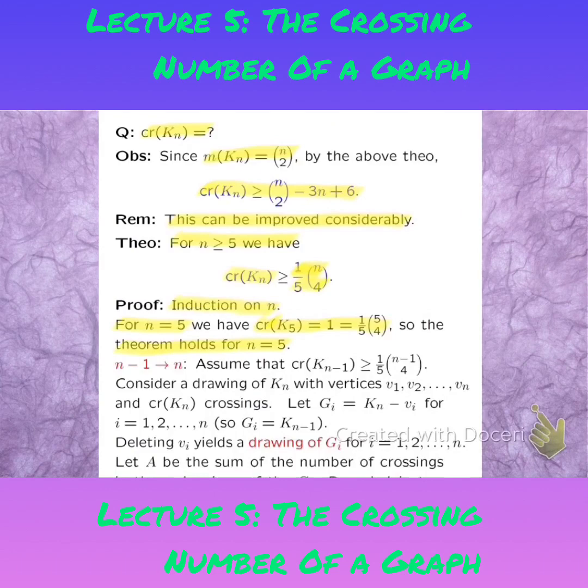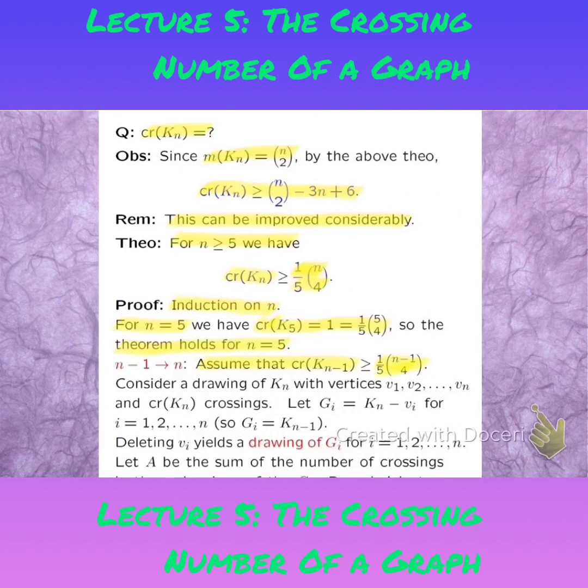So we may assume now that the theorem holds for every positive integer value less than n, and then we prove that the result holds for the value n. Okay, so our induction assumption is that for k equals n minus 1, the lower bound holds.